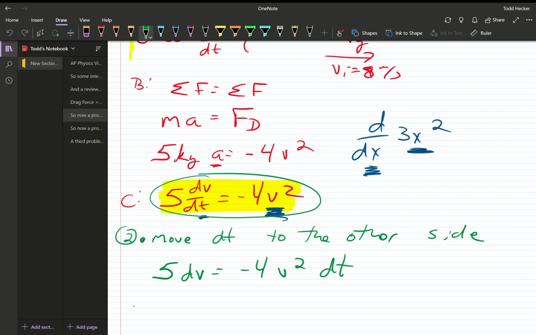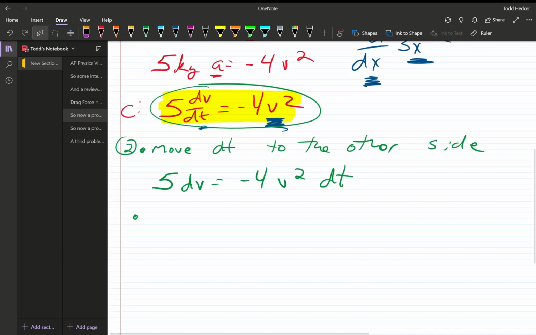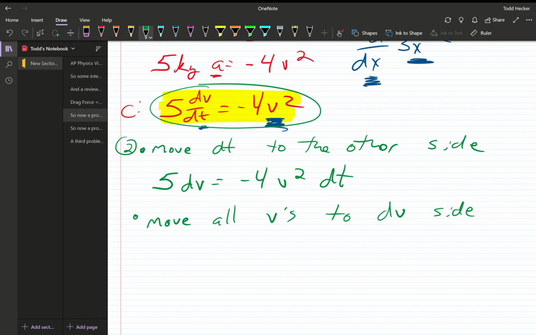Okay. So then your next step is going to be move all v's to the dv side. And unfortunately, there are going to be problems where you can't move all of the constants, but you're going to move most constants to the dt side. I'll explain this in a minute.